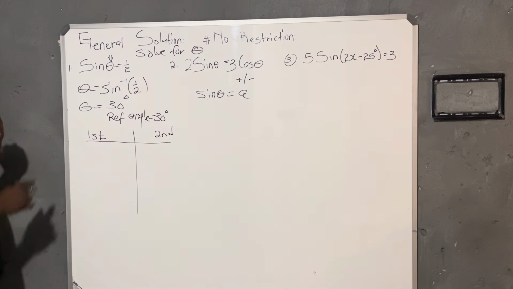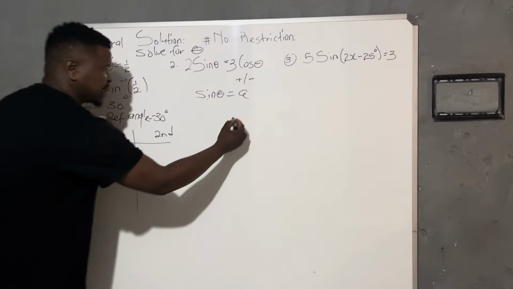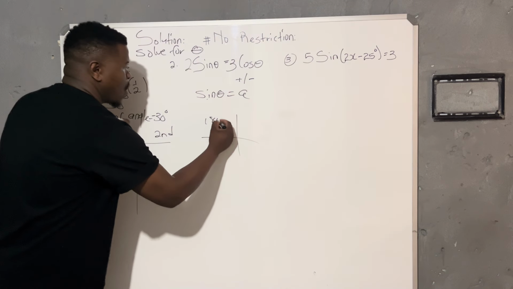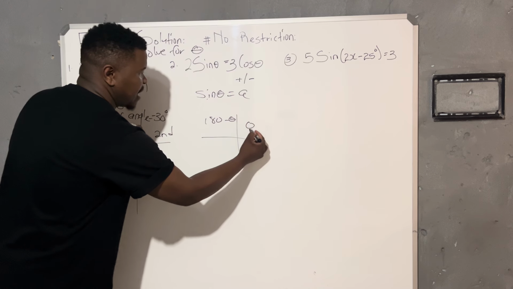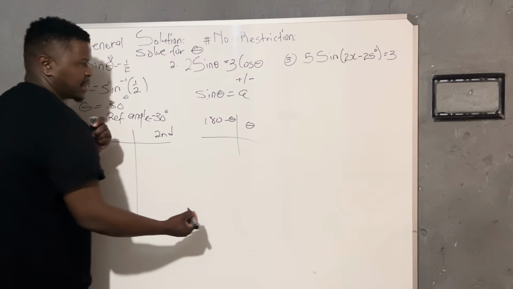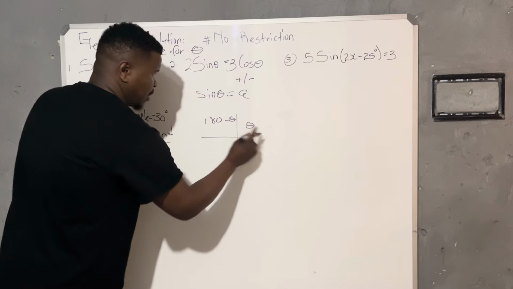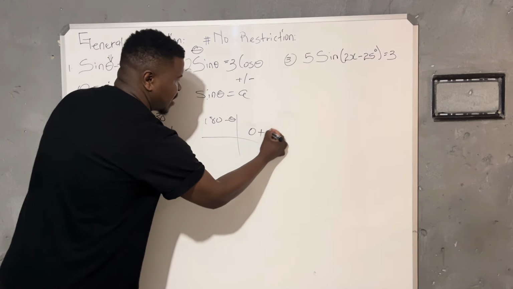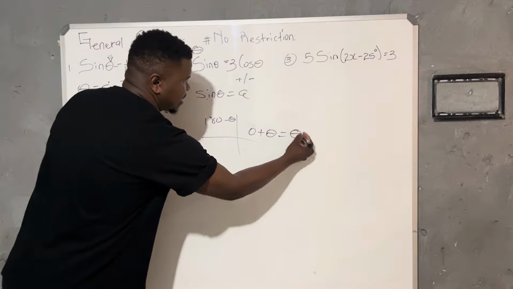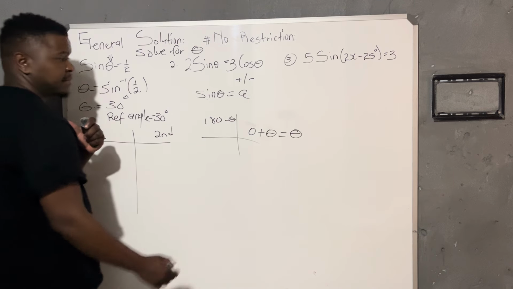Now, without any waste of time, we know that the Cartesian plane has 180 minus. Here we have a theta. Remember, if I say 0 plus theta, we just get a theta.